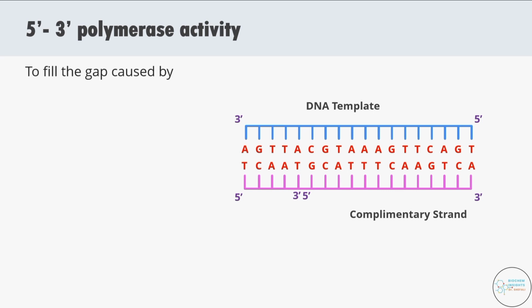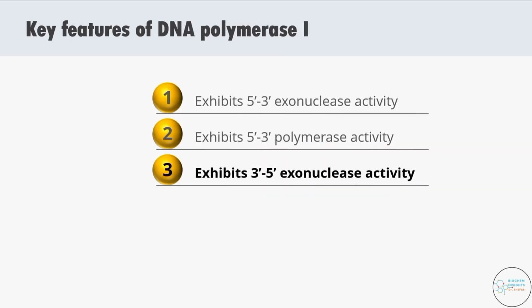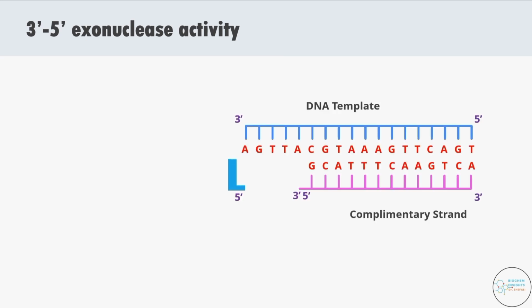So we can say to fill the gap caused by the removal of RNA primer, DNA polymerase 1 synthesizes the new strand in the 5' 3' direction by adding one nucleotide at a time following the base pair rule. DNA polymerase 1 also exhibits 3' 5' exonuclease activity. As I mentioned earlier, most DNA polymerases can check their work with each nucleotide that they add to the chain.